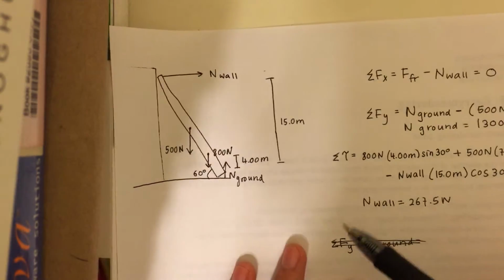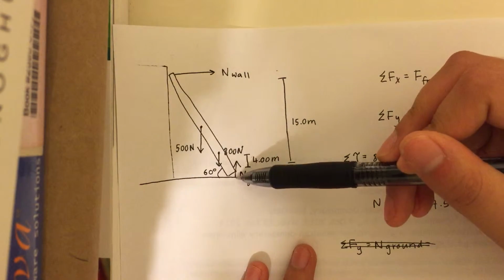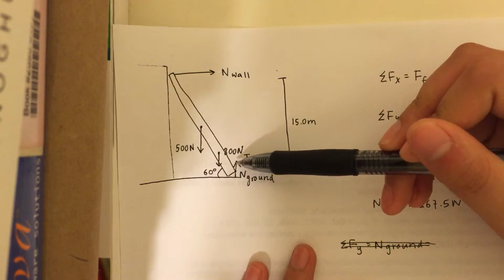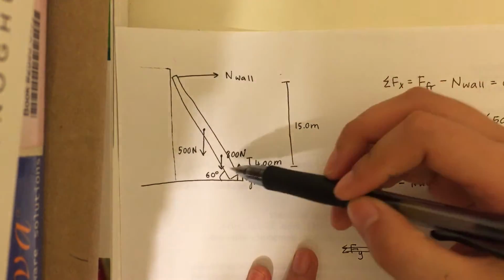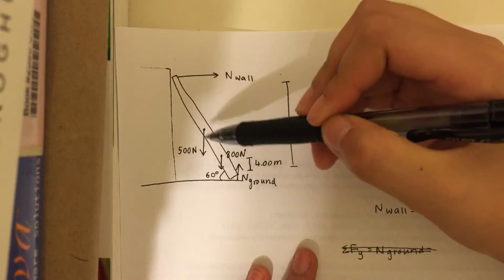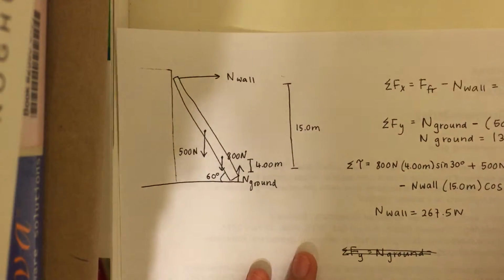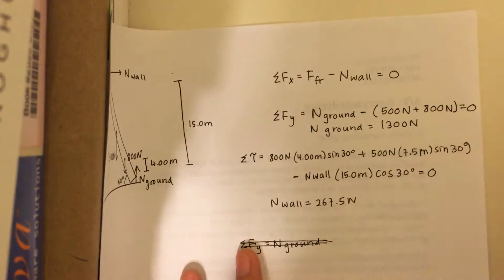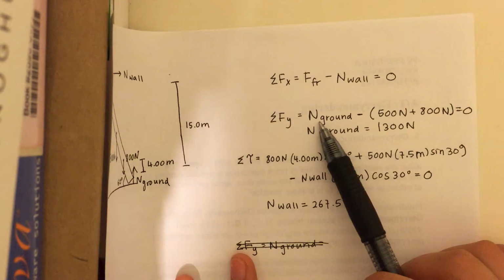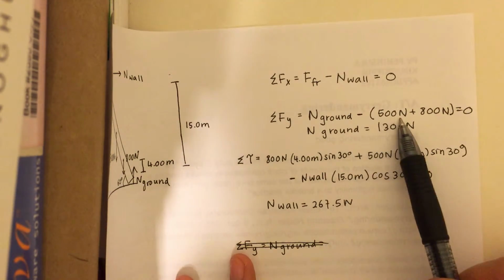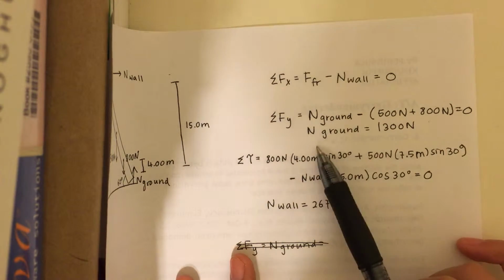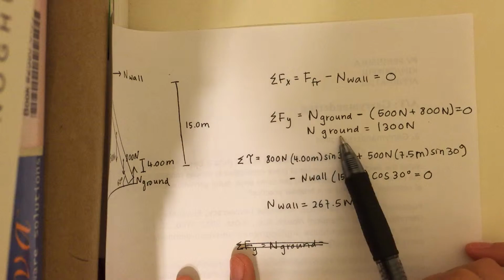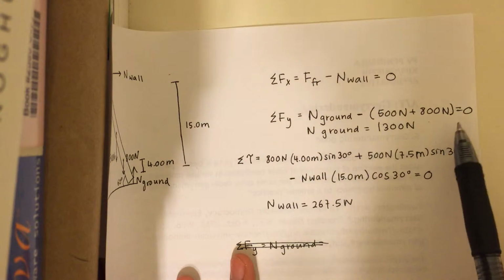In the y direction, we see that the normal force from the ground is positive because it's pointing up, and the downward forces are the firefighter, 800 Newtons, and the ladder itself, which is 500 Newtons. So the normal force given by the ground minus 500 Newtons minus 800 Newtons would equal 0. So in total, the force given by the ground is 1,300 Newtons.